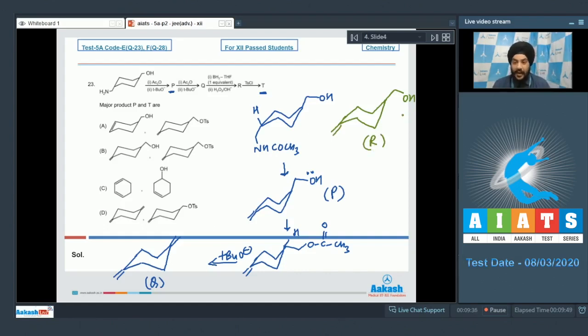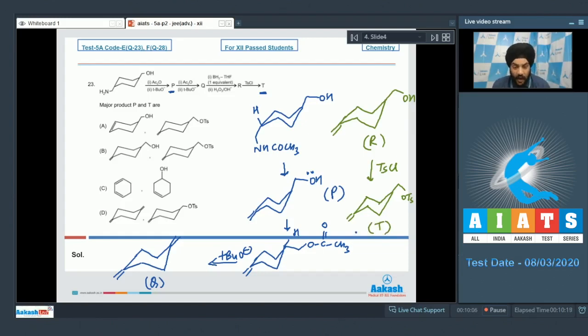So over here the anti-Markovnikov addition is going to take place, and the alcohol will be added to the terminal carbon atom. Now this is allowed to react with TsCl. So when reacted with TsCl, the alcohol will be converted into OTs. Okay, so this is the major product T which is obtained at the end of the reaction sequence.